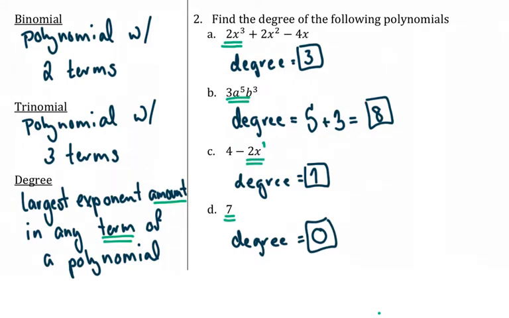And this hopefully will make a little bit of sense because 7 is the same as 7 times x to the 0, because that's 7 times 1. So though we would never write this in a simplified form, right, that looks really weird, it still has an exponent of 0. All right, hopefully this new vocabulary feels pretty familiar, pretty comfortable.